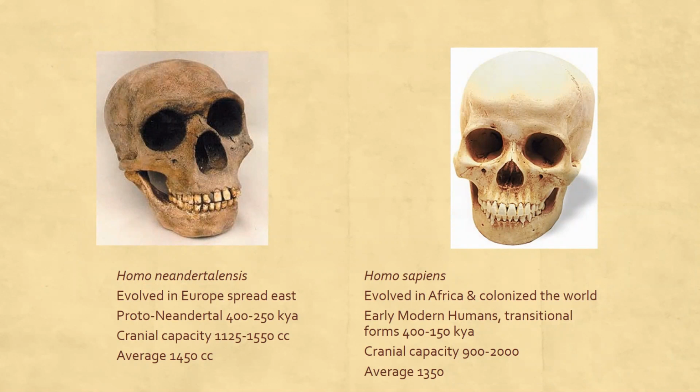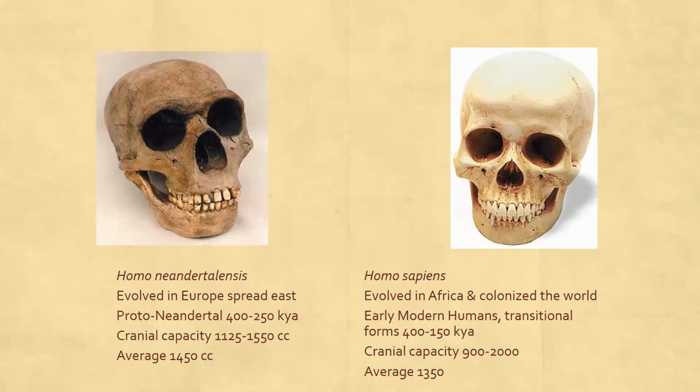They're shorter and broader, and they have a larger cranial capacity as part of that cold weather adaptation, the biological adaptation to colder conditions. This gave them a cranial capacity between 1,125 and 1,550 cubic centimeters. The average adult Neanderthal cranial capacity is 1,450 cubic centimeters.